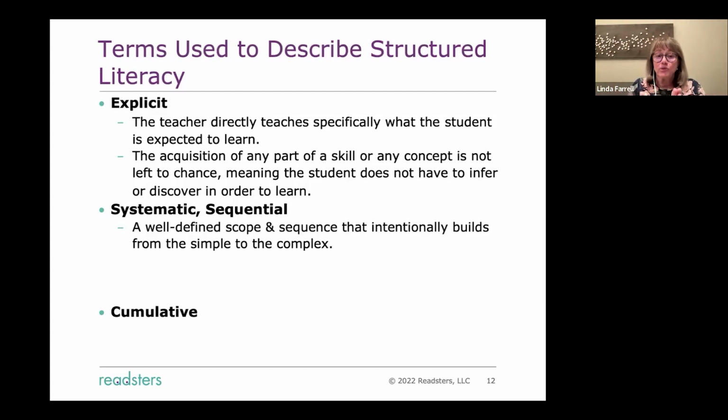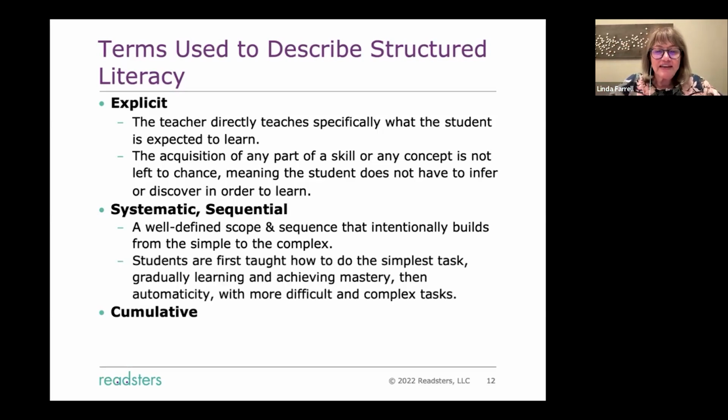Systematic and sequential means that you have a well-defined scope and sequence that intentionally builds from the simple to the complex. One of the things we're going to talk about is, how do you know where to enter when you're giving intervention instruction? How do you think about that beyond just they need this program or that program?